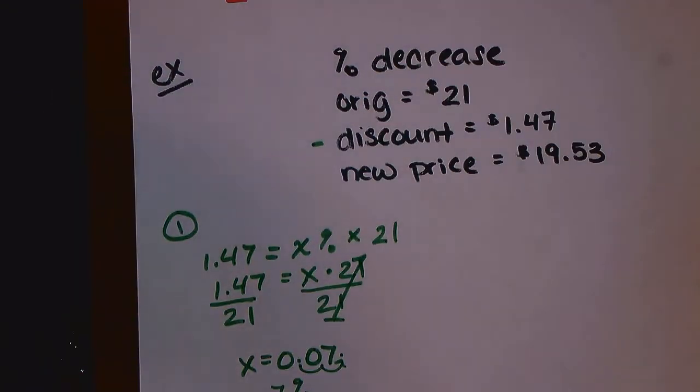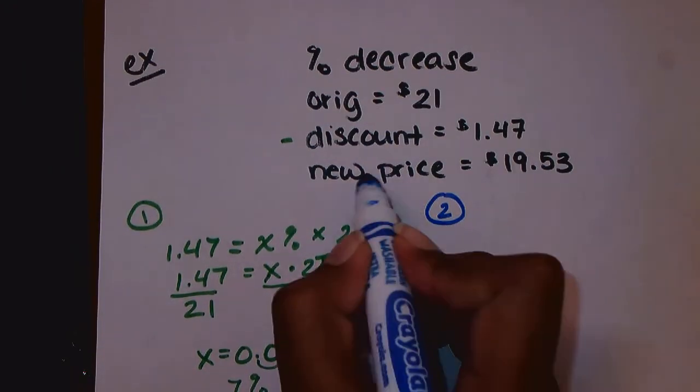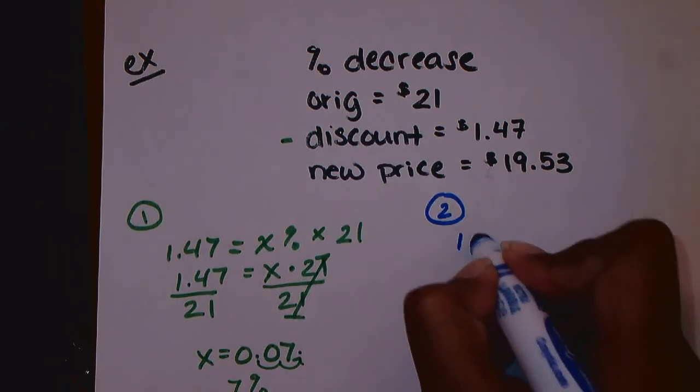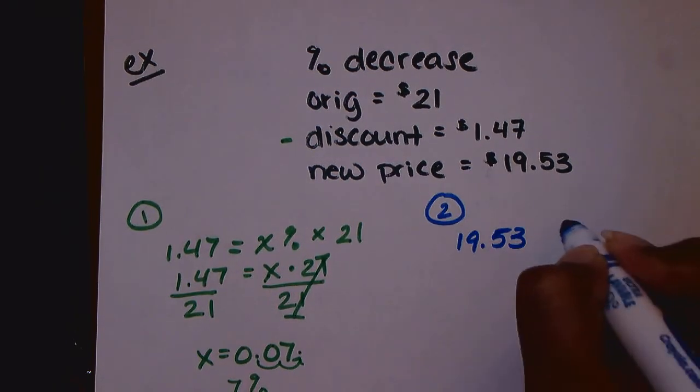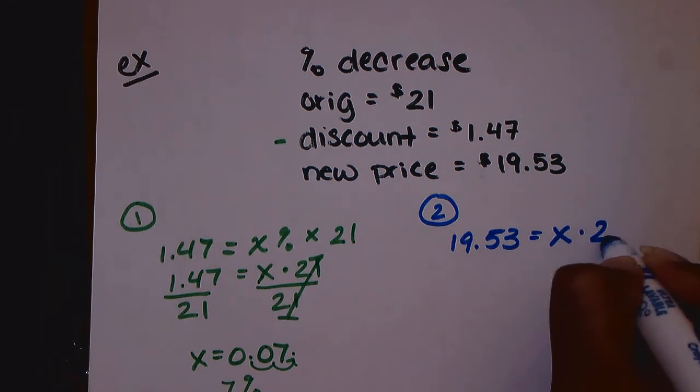The other way you could think about this, I'll do this in blue, is you could say, the new price is what percent of the original price. So $19.53 is what percent of 21?